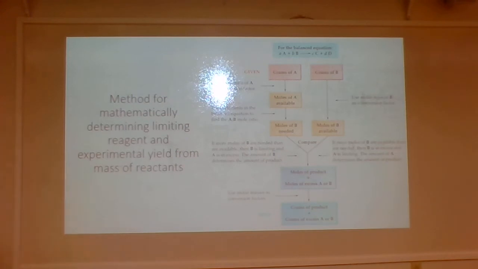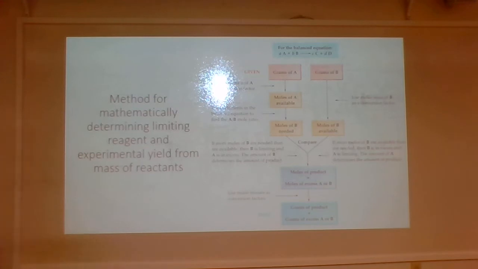Okay, so what's the method that we need for mathematically determining the limiting reagent and experimental yield from our mass of reactants? We already started on this with our discussion of stoichiometry at the beginning.